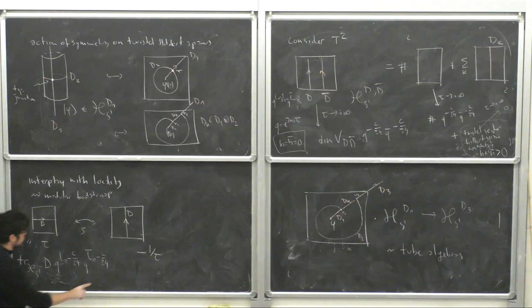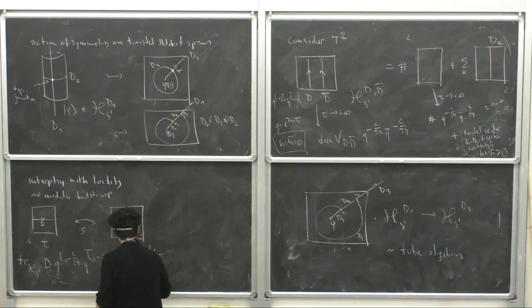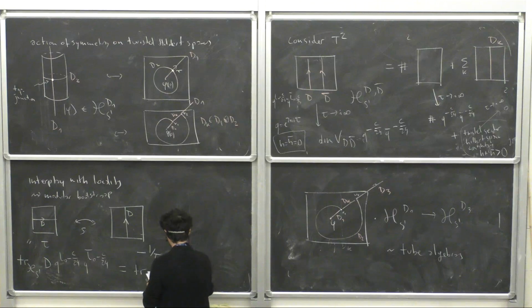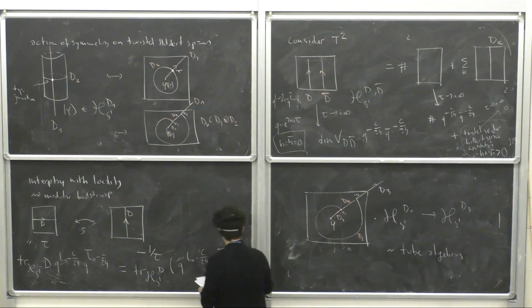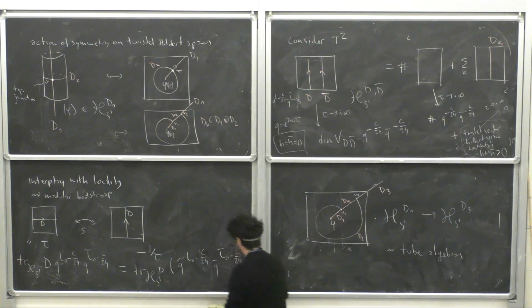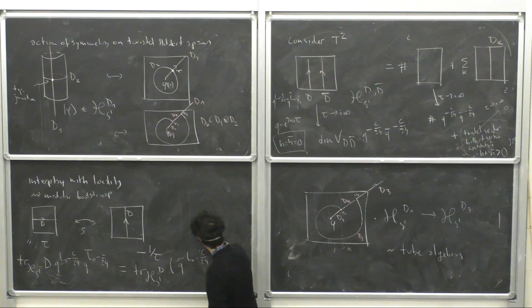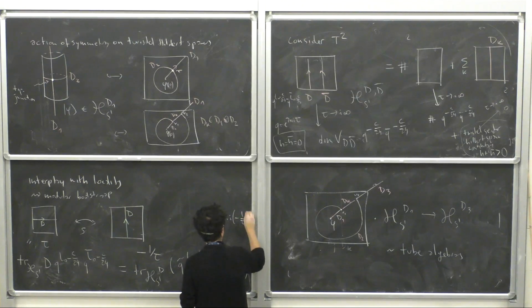But now by modular invariance, we see that this one is also equal to the trace on the twisted Hilbert space of an insertion of just the same term that arises from the Hamiltonian and the shift on the cylinder, where now Q tilde is just e to the 2 pi i times minus 1 over tau, no?